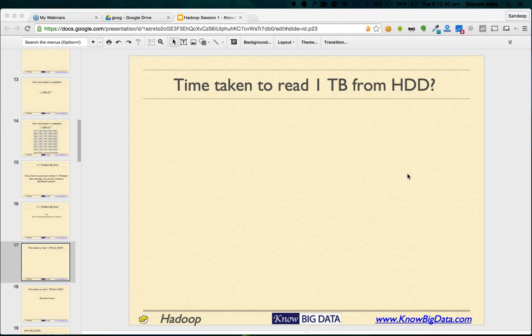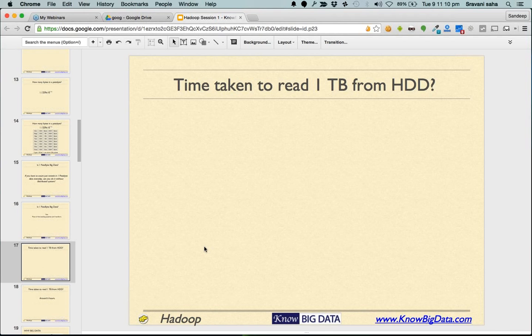Anybody can just give me an approximate number, even if you are wrong by 100%. 100% as in, if your answer is double or half, it is completely okay. Sridhar says few hours. Anybody else?